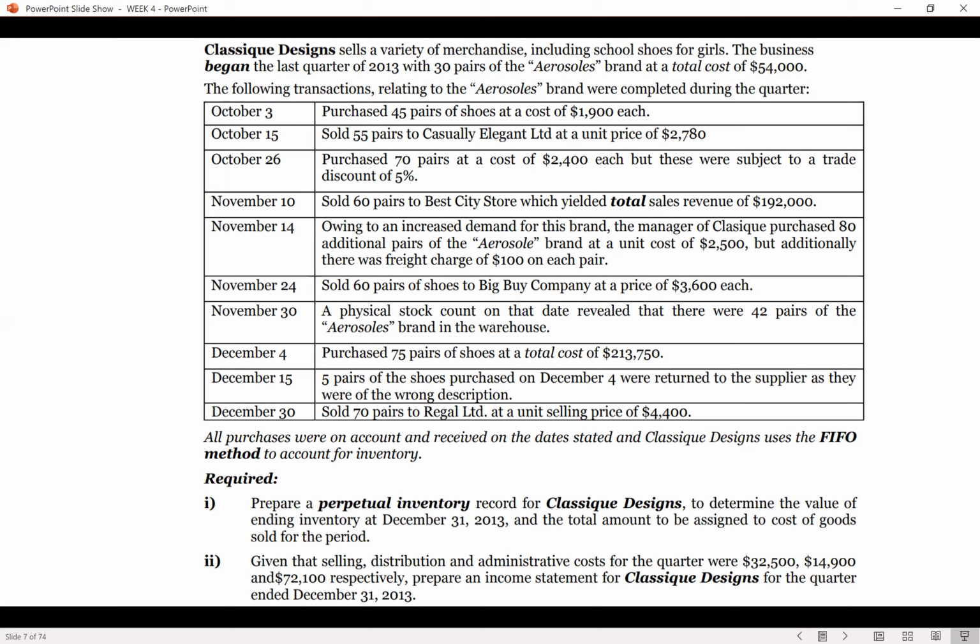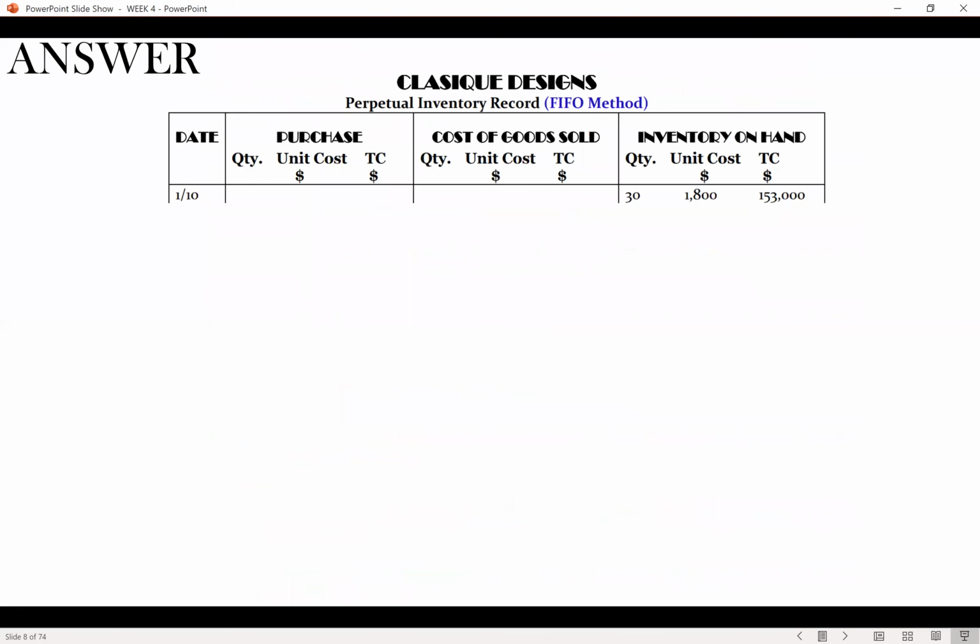Here, our beginning inventory, if you read the opening statement, says the business began the last quarter with 30 pairs of shoes at a total cost of $54,000. So we're going to put that in our inventory on hand. The correction here is that it's not 153,000, it should be 54,000.